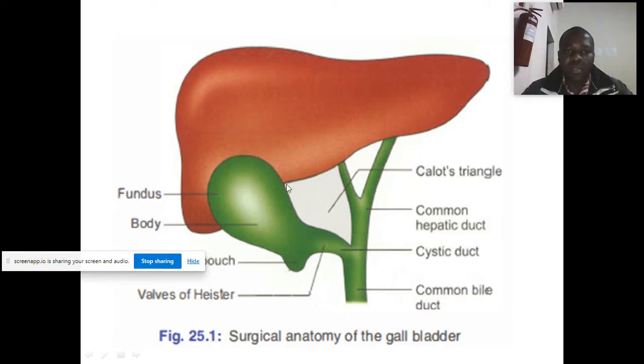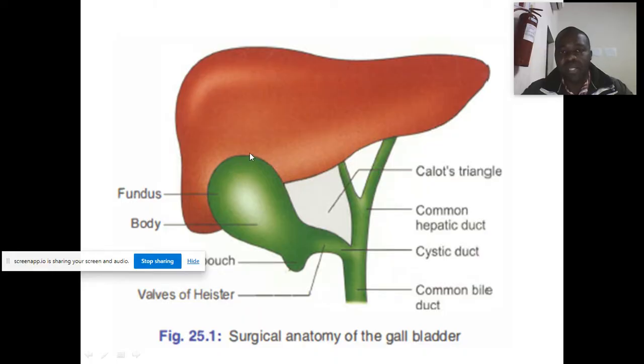So as you can see, the way it is structured, okay, it is under the liver. When something is under something, we call it inferior. Okay. So it is under the liver or the undersurface of the liver.